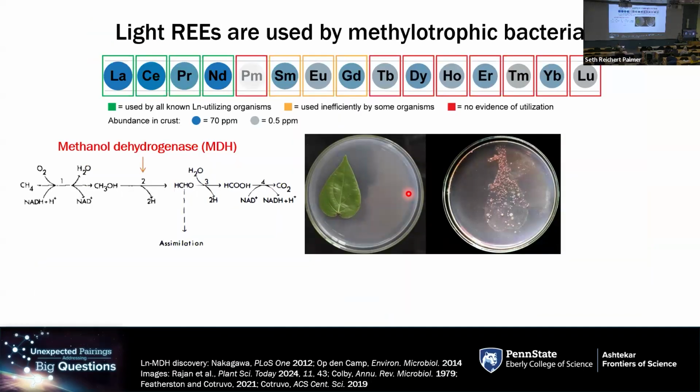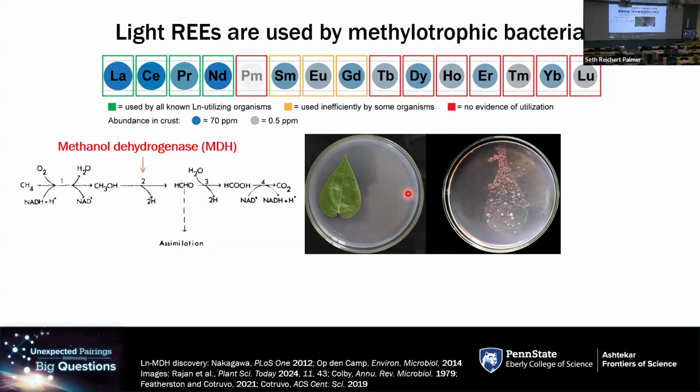But the reason why I'm here telling you about this work is that our approach comes from biology. And this is because it was found only 15 years ago or so that certain bacteria actually use rare earth elements. And these bacteria are really fascinating bacteria. They're called methylotrophs.